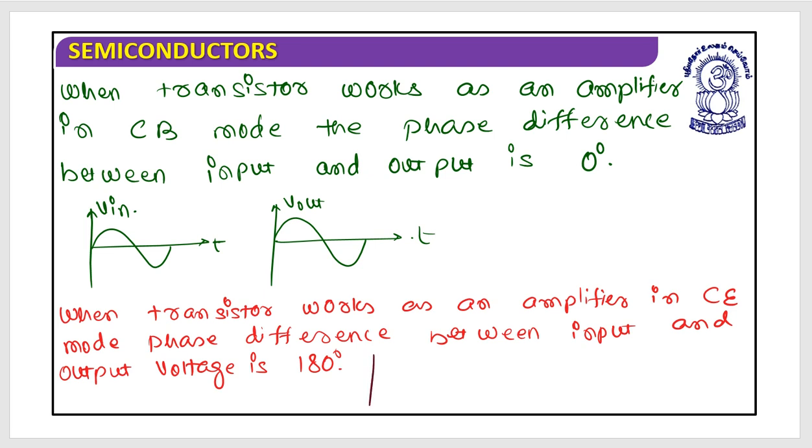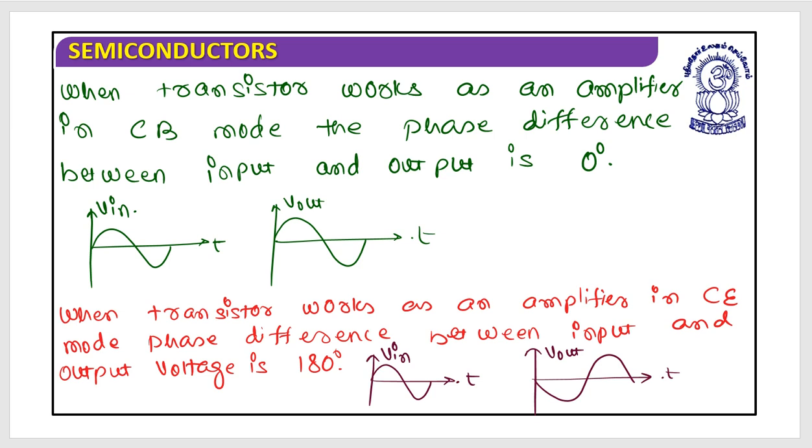So when I say it's an input, it is something like this. Let's say this is the V input versus T, and we want V output, which is something like this. Let me redraw. Yes, there is a phase difference of 180 degree between input and output. Please keep this in mind. This is very important. I hope this is clear.